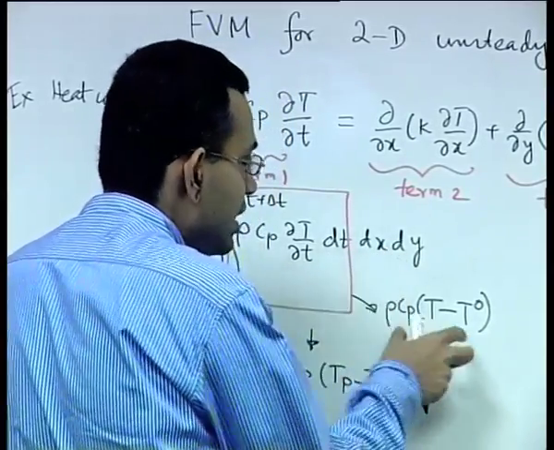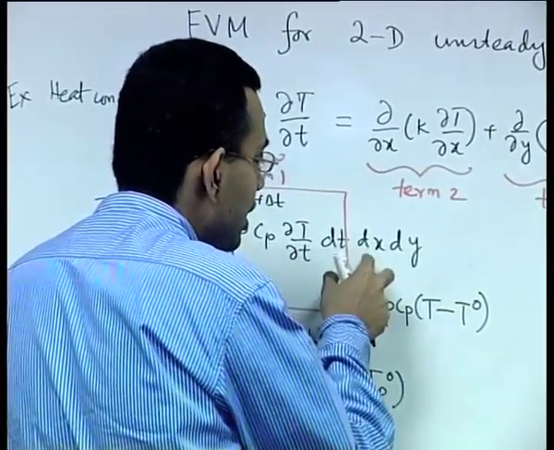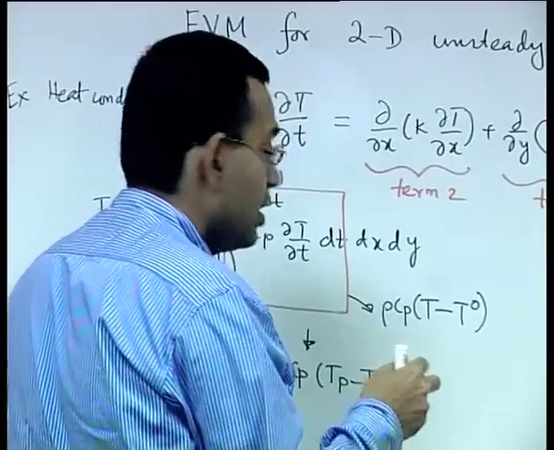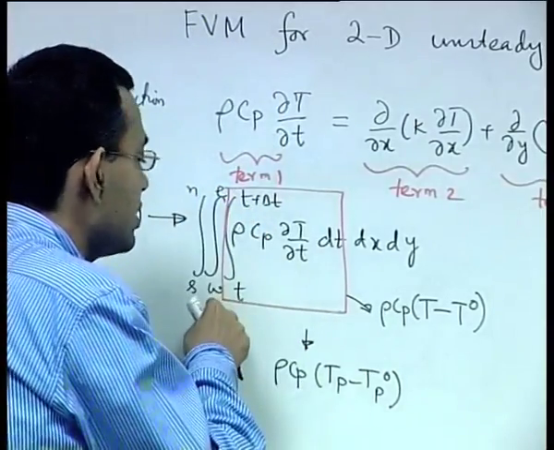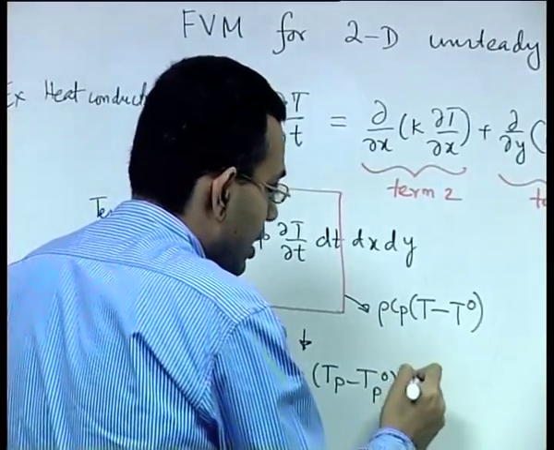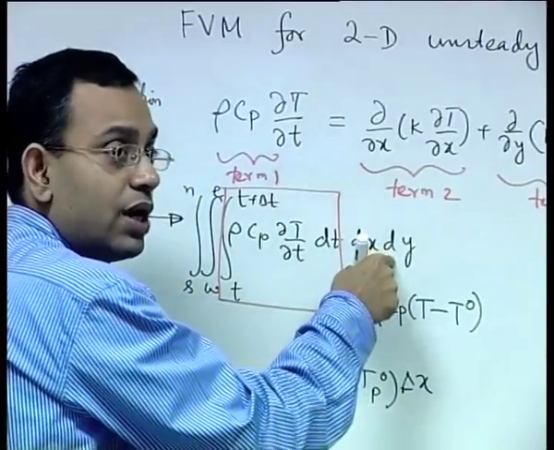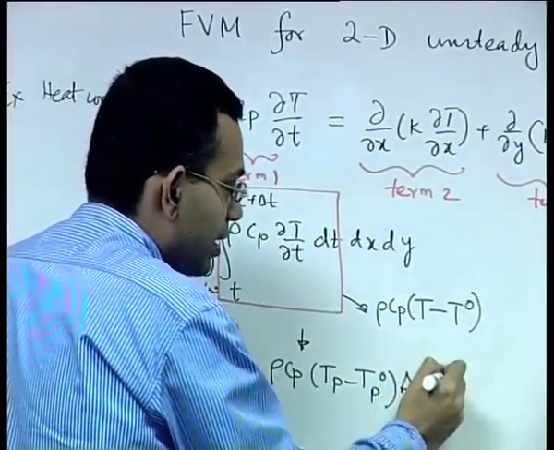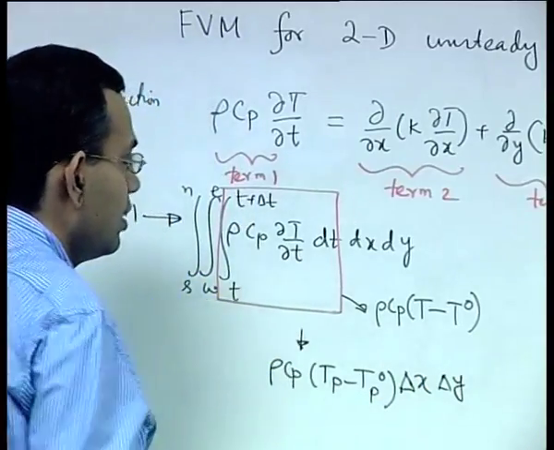This whole thing is a constant, so it will come out of the integral. dx will become x small e minus x small w, which is delta x, and that integrated with respect to y is delta y. So that is the term 1.